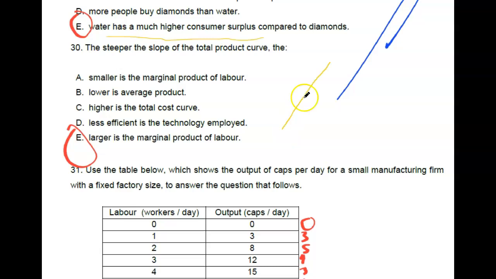If it's steeper, that means they're producing more products, so larger is the marginal product of labor. The marginal product of labor is the additional product you get from putting in one more laborer. So from one worker, if you're getting 3 products, if you put in 2 workers, you might get 10 products. So your products are just getting higher and higher. So think of that. It's a steep curve.